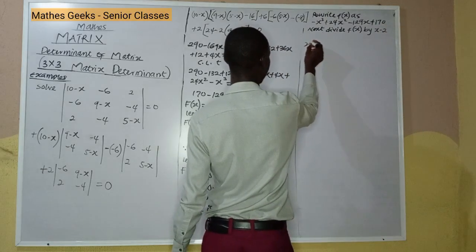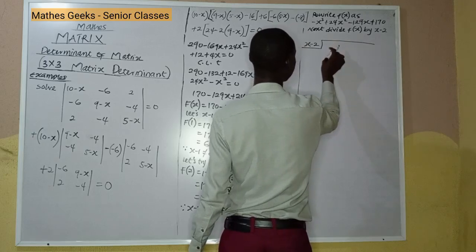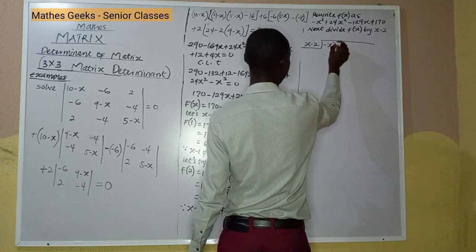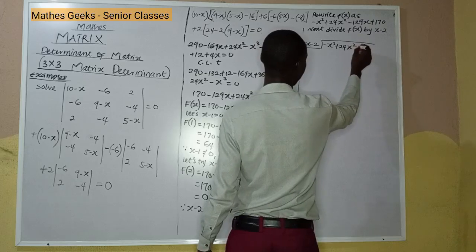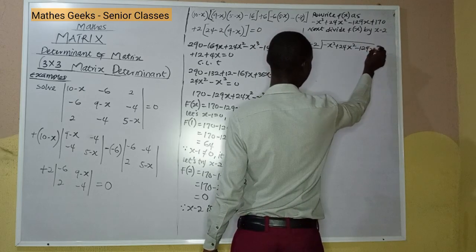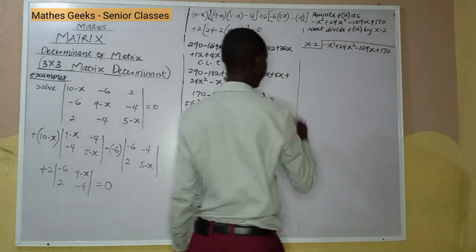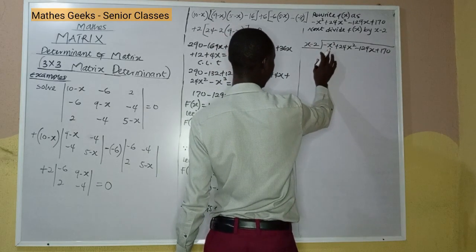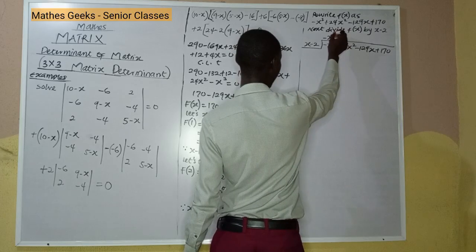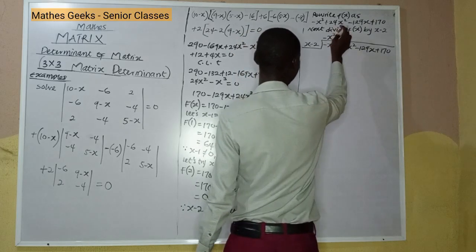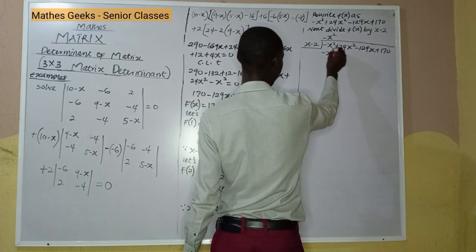So x minus 2 goes into minus x raised to the power 3 plus 24x squared minus 129x plus 170. So x divided into minus x raised to the power 3 will give us minus x raised to the power 2. So minus x raised to the power 2 times x will give us minus x raised to the power 3.